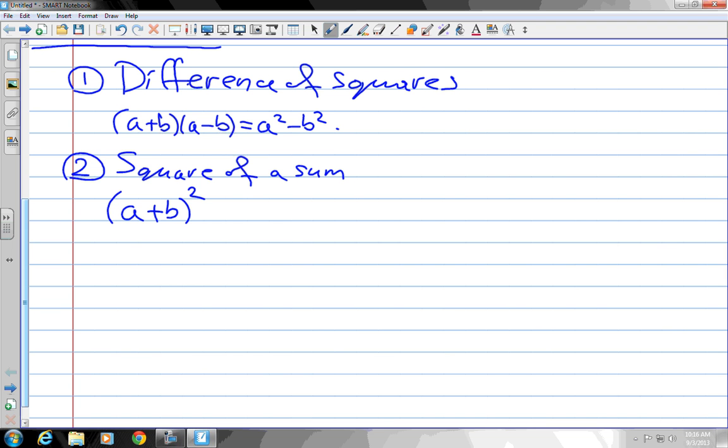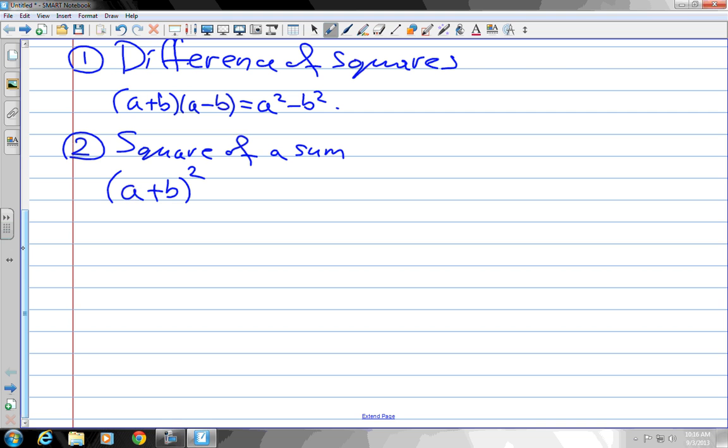Well, again, we can always do this by FOIL. Because square means multiplies by itself. So we can always think of this as a plus b times a plus b. And then we'll do the FOIL. So it's a times a, that's a squared. A times B, that's AB.